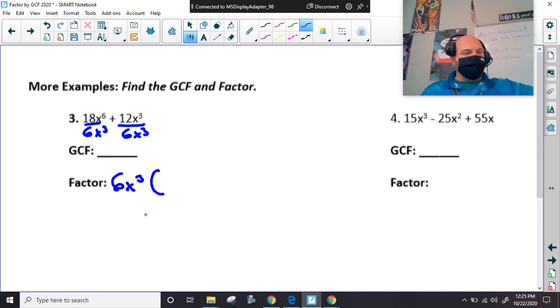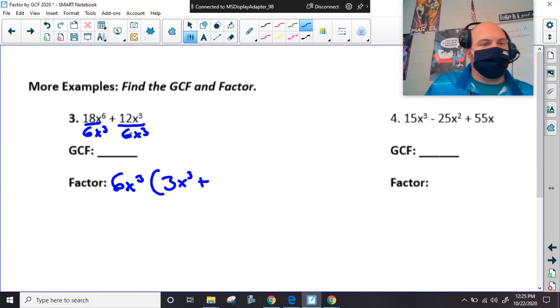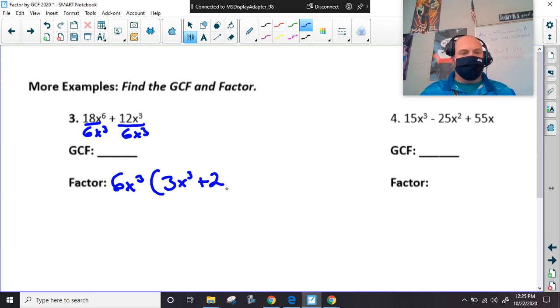So the GCF goes on the outside. Now, 18 divided by 6 is 3. And if I have 6 x's and 3 of them mysteriously disappear, I just have 3 x's left. All right, 12 divided by 6 is 2.